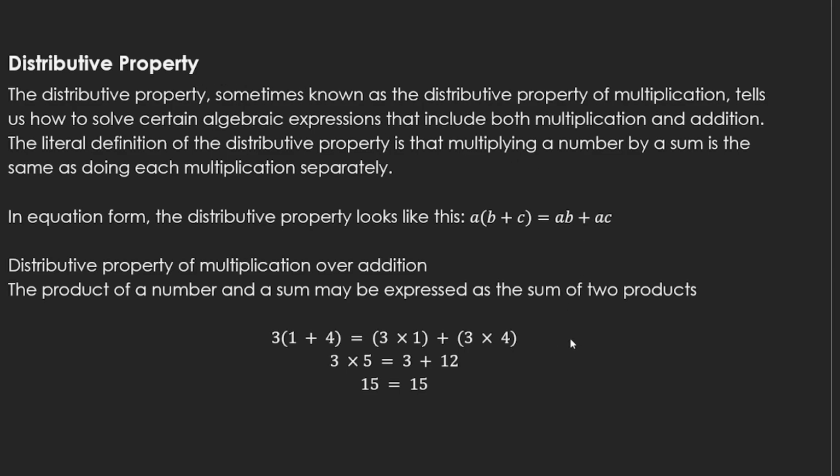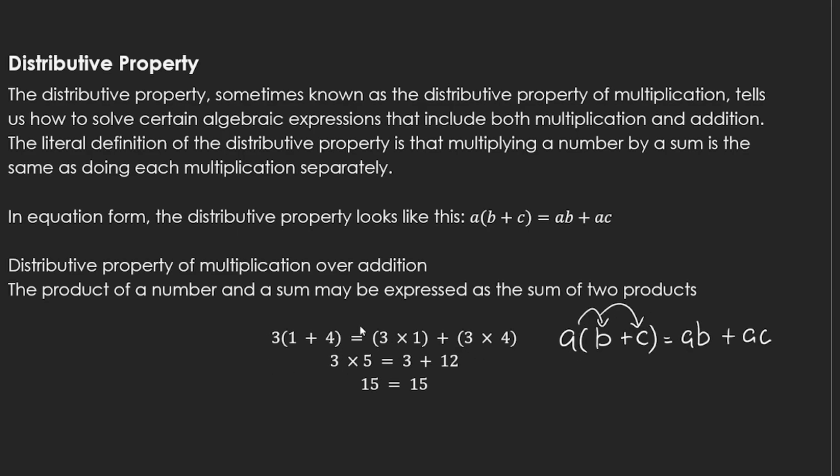And it says, if you have a number and it's multiplying the sum of two numbers, it's the same as saying a times the first number plus a times the second number. So you've distributed a to both b and c.